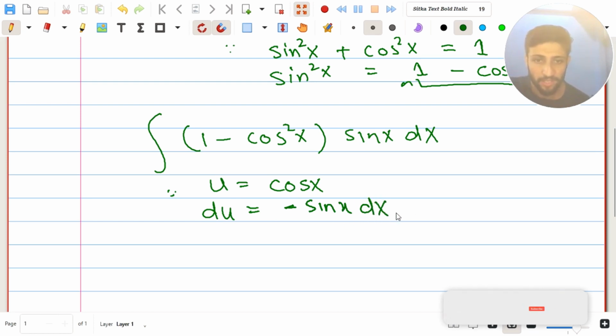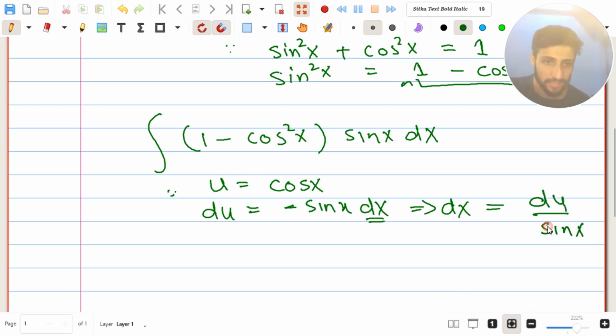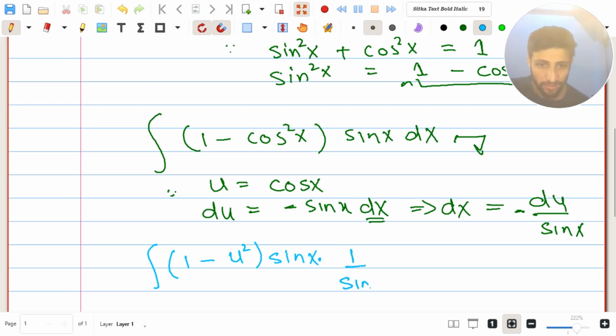Now from here I can find my dx. By rearranging this equation, dx is equal to du divided by sin of x, and you have to add a minus sign. So just plug in the values of u equal to cos of x and dx in this integral. If I substitute the values, I will get 1 minus u squared into sin of x into 1 divided by sin of x with a minus sign into du.